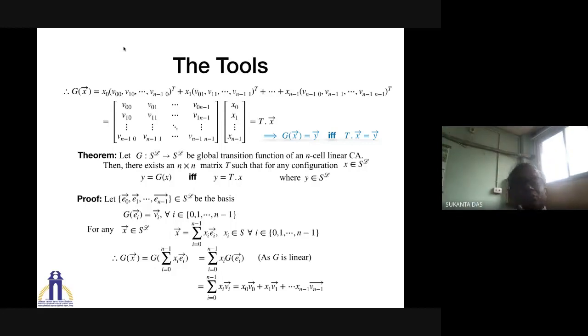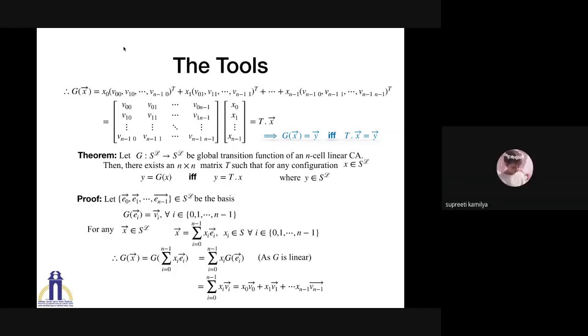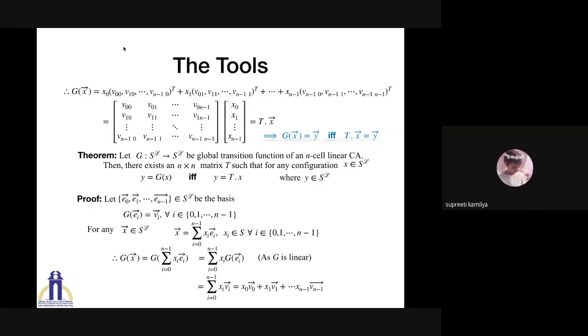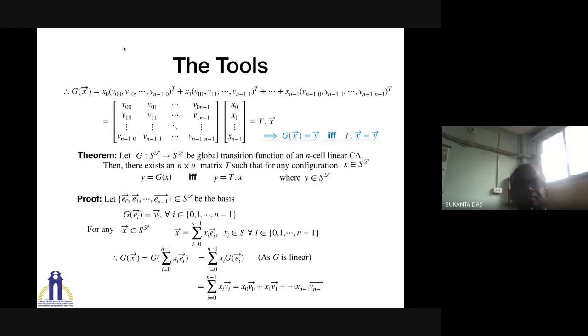So now the issue here is how can we find this T? Sir? Yes, please. Sir, basically E1 to E(n-1), these are configurations of a CA, right? We have basis vectors, and they are also configurations.